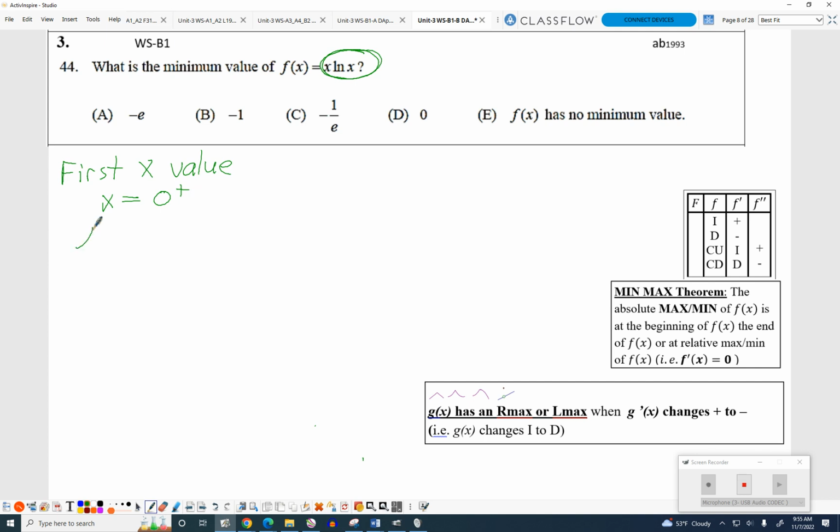Natural log of 0 is undefined. Natural log of any negative is also undefined. Questions?